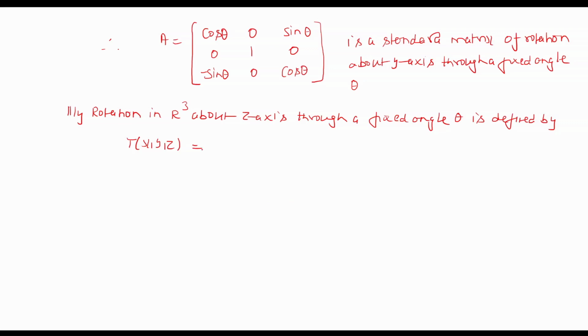X dash is x cos theta minus y sin theta, and the y component is x sin theta plus y cos theta. Z will remain as it is.